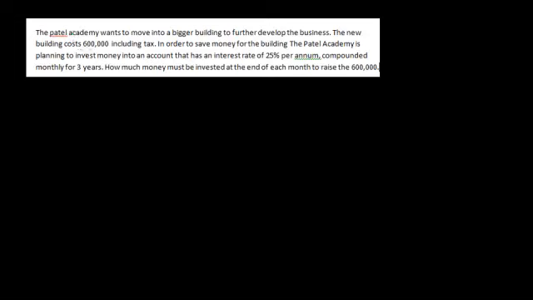Let's think about how to approach this question. We know the future value is $600,000. That's how much we need. We know the interest rate is 25% per annum, and we know it's compounded monthly. We know n is 3 years. And we want to find how much money we need to invest, so R. Let's plug everything into the equation first.